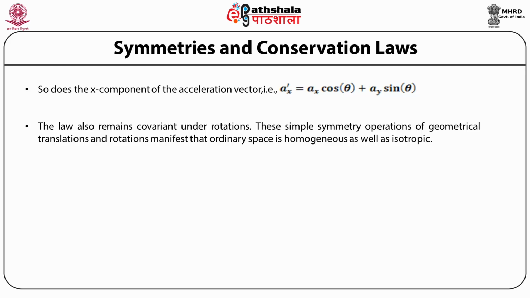What we mean is that under such space transformations, geometrical translation and rotation, the space is homogeneous, that is, the properties of the space remain the same when we move from one point to another, either through a geometrical translation or through a rotation.